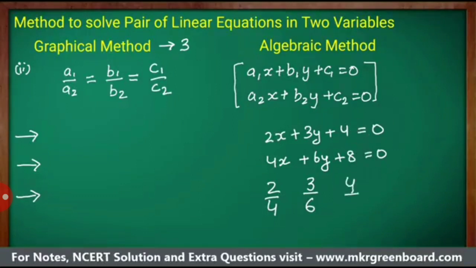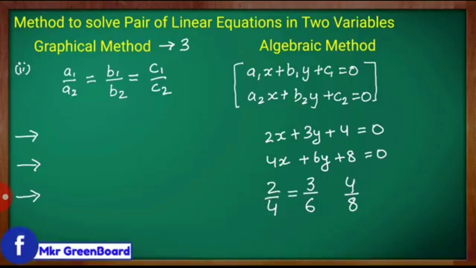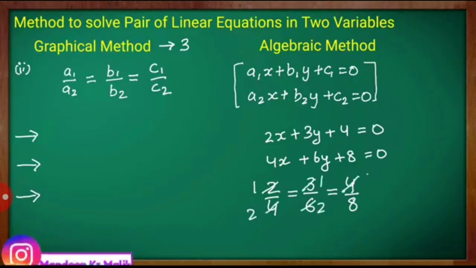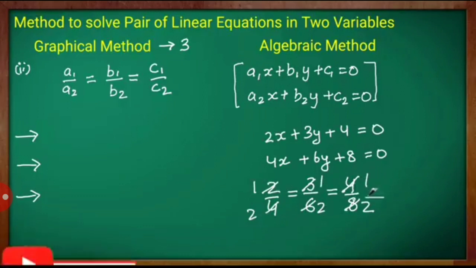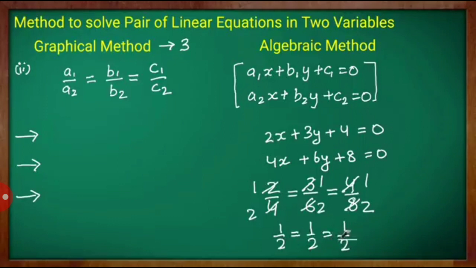So in the second case, a1 upon a2 is equal to b1 upon b2 is equal to c1 upon c2. If these ratios of coefficients are the same, now you can see in the example 1 upon 2, 1 upon 2, 1 upon 2, all the ratios are 1 upon 2, so they are equal.